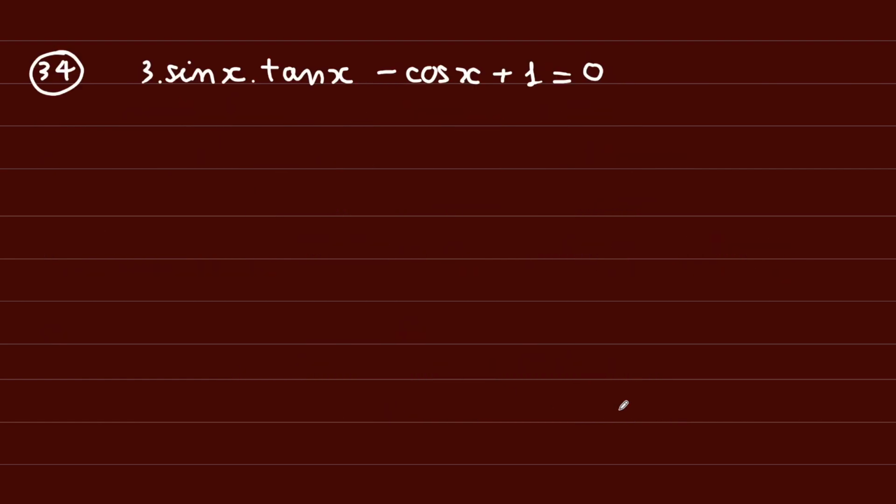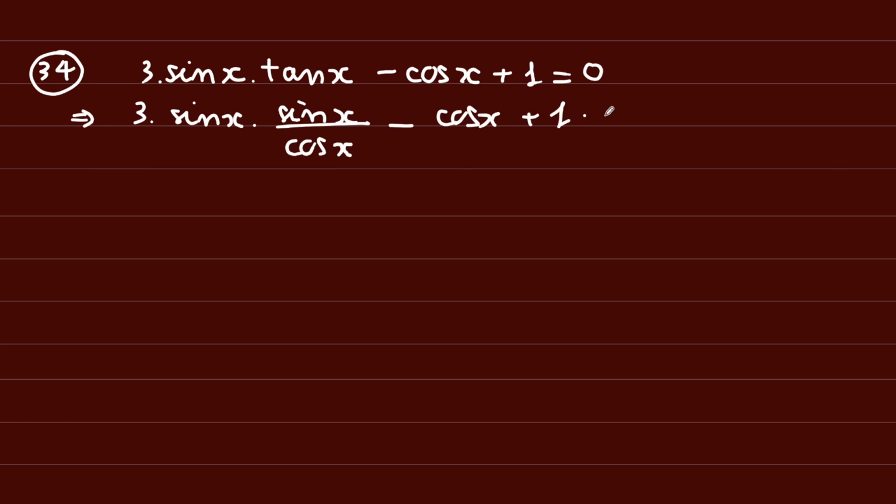About question 34, you have sine, you have cos, and also you have tan x. How can you work with this? I want to express tan in terms of sine and cos. I want to write sine x over cos x like here, and minus cos x plus 1 equal to 0.